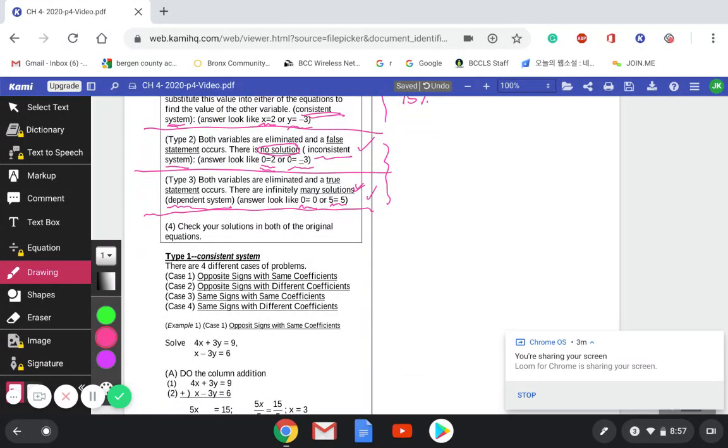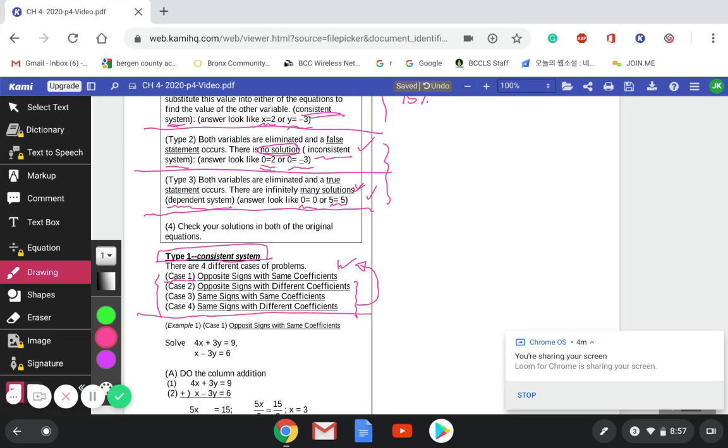Now, when you have type 1, which is a consistent system, there are 4 different cases among the consistent systems. Case 1 is the easiest. Case 1 is the one that we try to have. So for cases 2 and 3, we try to convert them into case 1, and then you solve it.